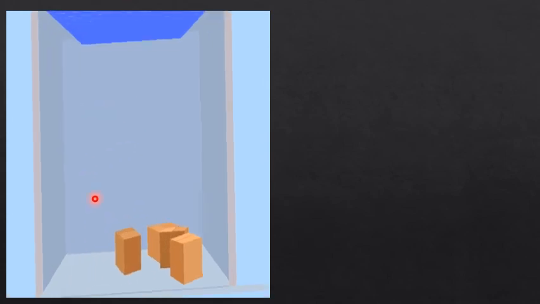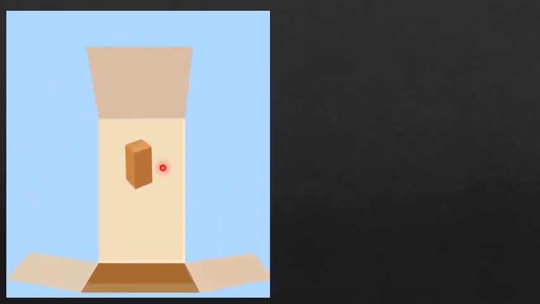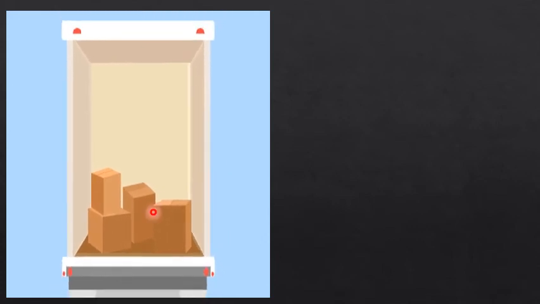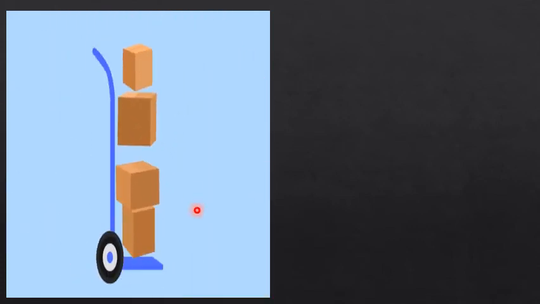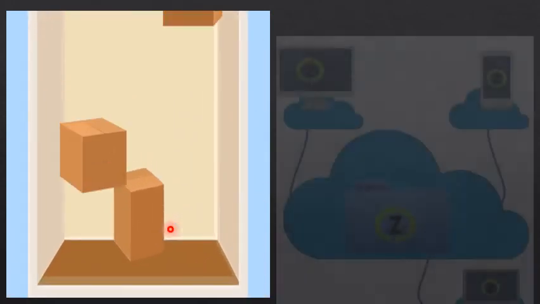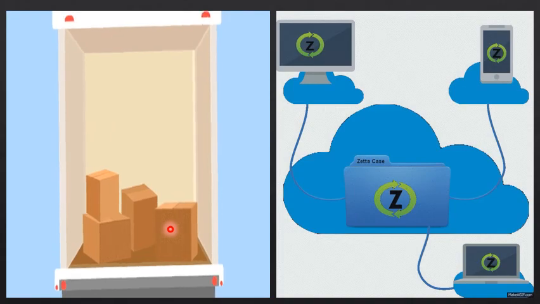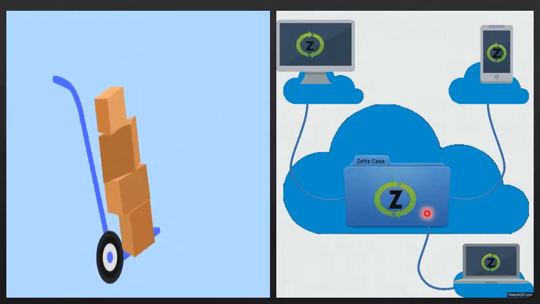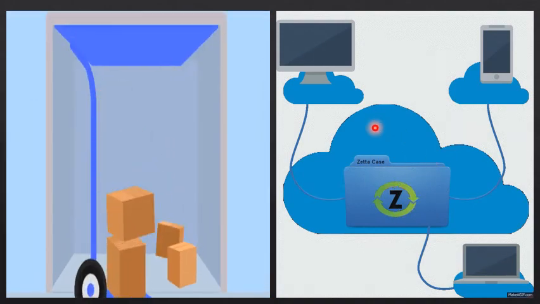The word storage means to store something. Here you can observe that in a box we are keeping some smaller boxes. They will occupy physical space, but when we talk about a computer, the data in the computer does not occupy physical space.